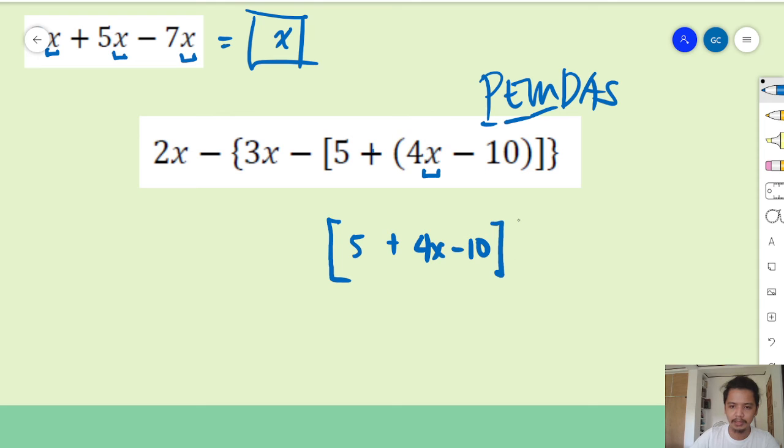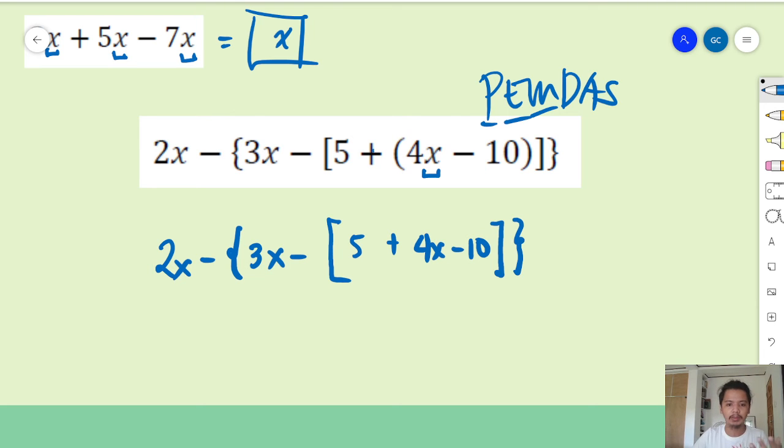That's the first part nung pag-simplify natin. So, dito na siya magbabago sa part na to. Pwede kayong mag-proceed na, i-simplify nyo na siya here, dito pa lang.